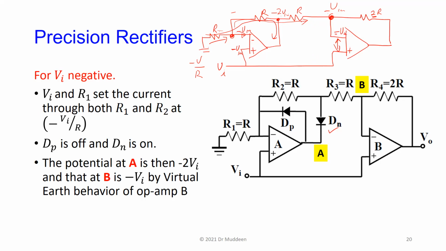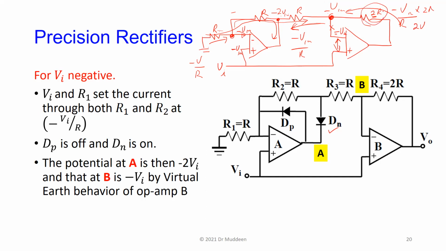So the current flowing this way, because here is more positive than here, is going to be minus V in over R. So if the current flows this way through here, this is not taking any, so that current has to come from here. So minus V in over R multiplied by 2R means that the voltage drop across here is 2V.